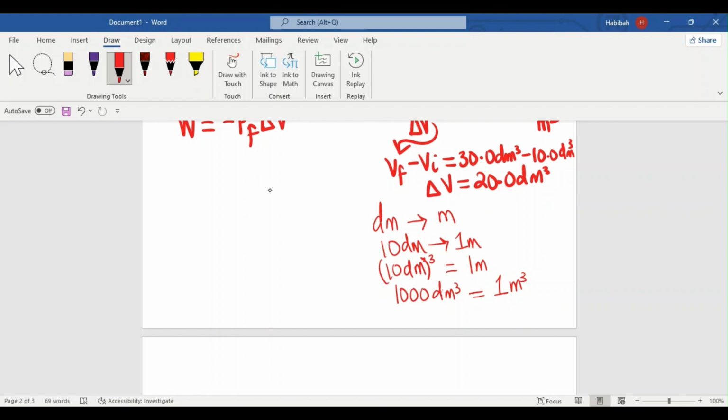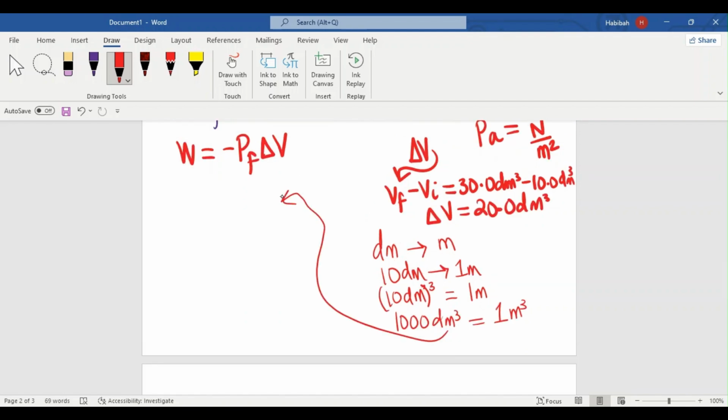So basically what I'm trying to do here is to go from decimeter cubed to meter cubed. So I'll use a black pen now. Let's not forget that the change in volume is 20.0 decimeter cubed. So we're going to do dimensional analysis and say 20.0 decimeter cubed times 1 meter cubed divided by 1,000 decimeter cubed, because we're trying to find it in meter cubed. Since we don't want it in decimeter, we can cancel out decimeter, and then it will be 20 divided by 1,000.